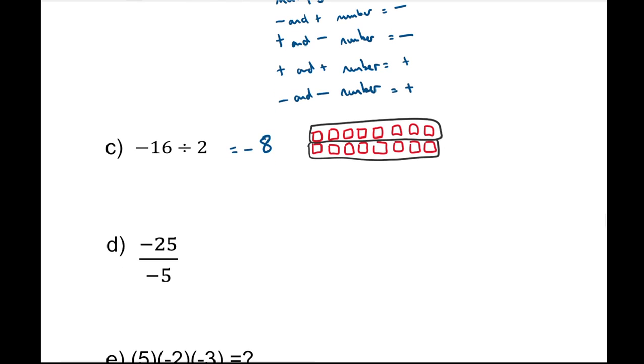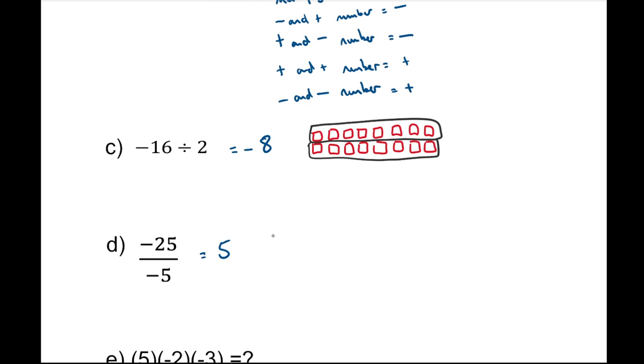Negative 25 divided by -5. Again, just doing the quick math, this would work out to +5. 25 divided by 5 is 5. 2 negatives means we have a positive.